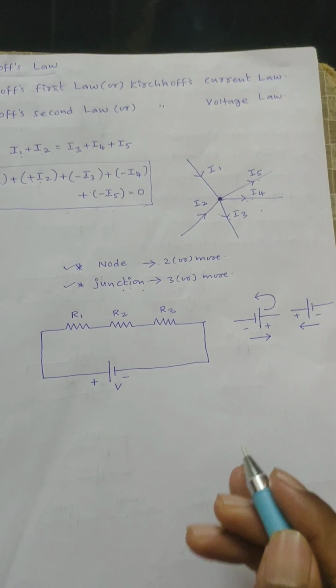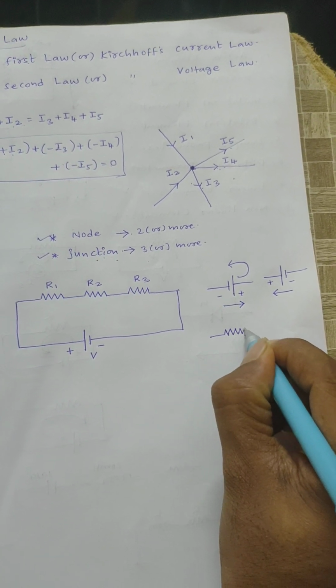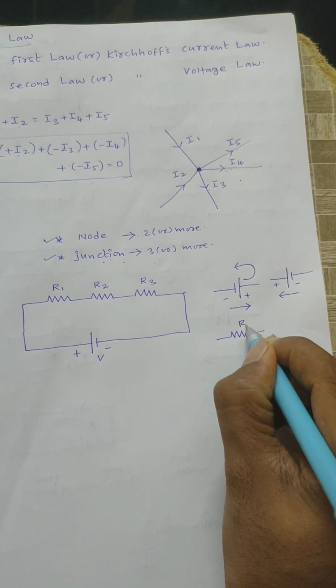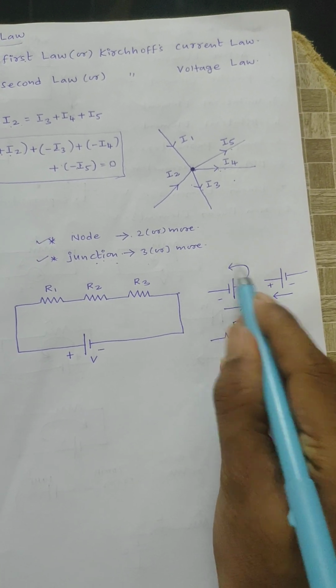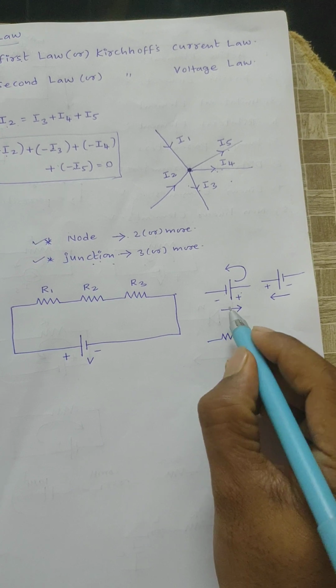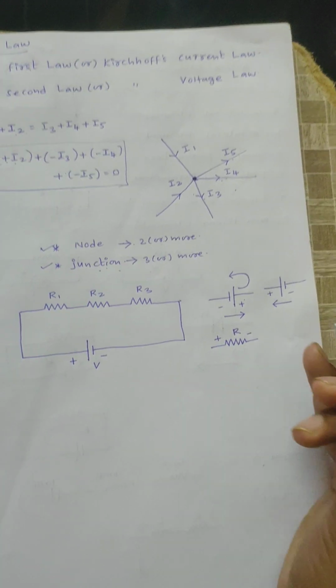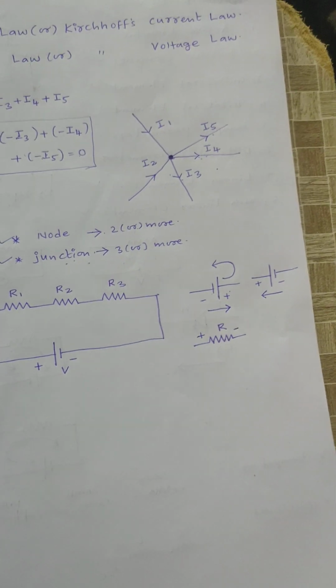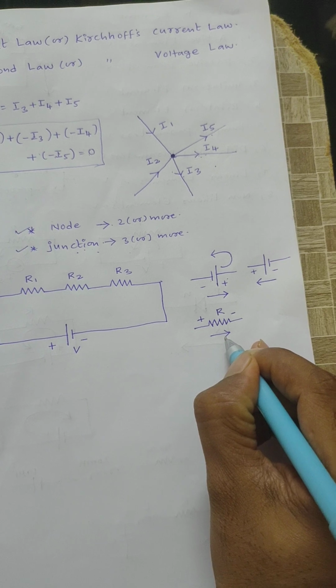Now consider a passive element, a resistor R. This side is minus plus, so based upon this current direction, across the passive element we will get plus minus.